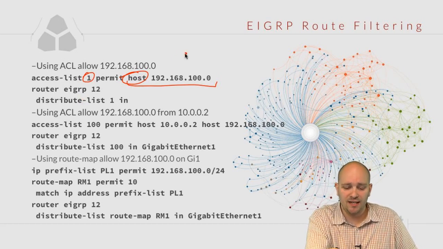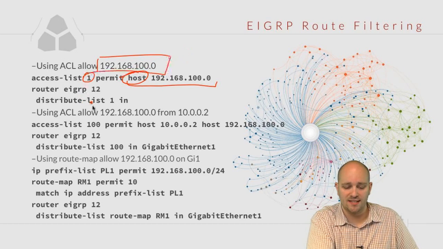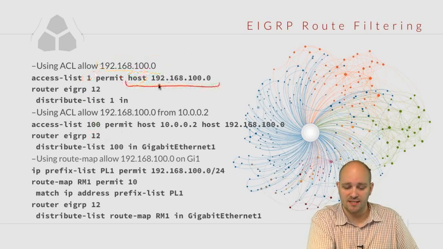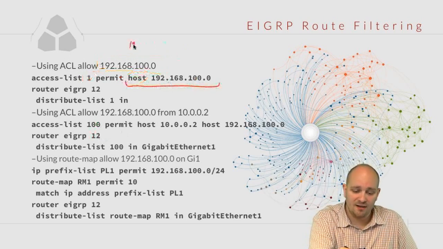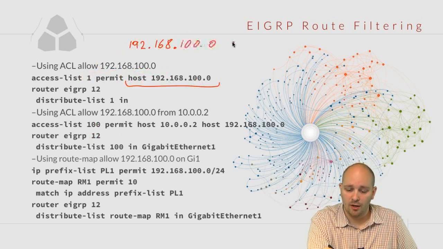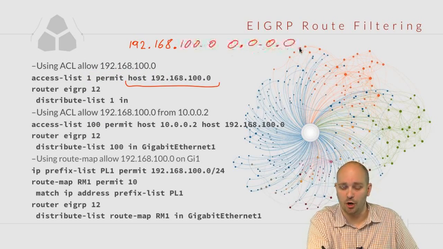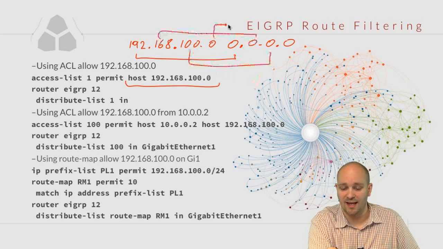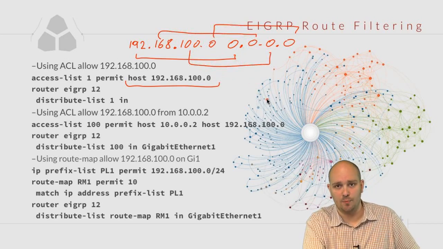And the route that we need to match is 192.168.100, which means that this host 192.168.100 is the equivalent of me saying 192.168.100 followed by the wildcard mask of 0.0.0.0, which means that this octet here needs to match exactly, this octet here needs to match exactly, this octet here needs to match exactly, and this octet here needs to match exactly.